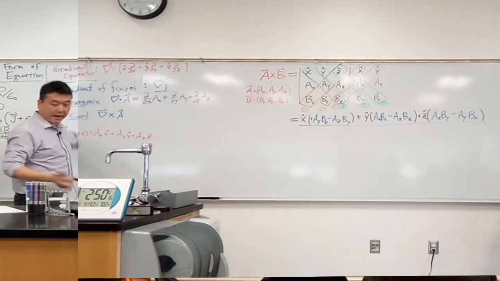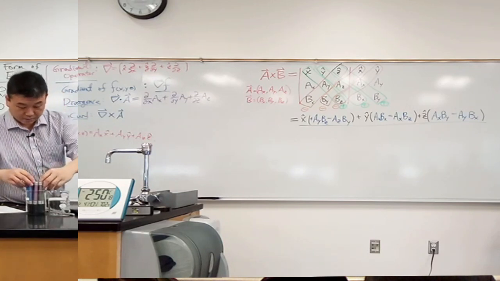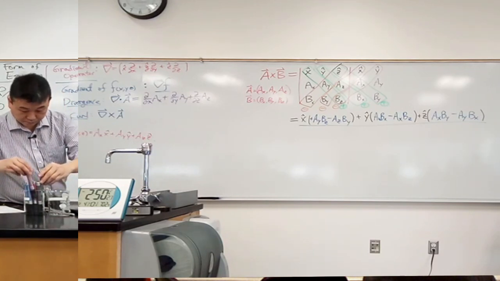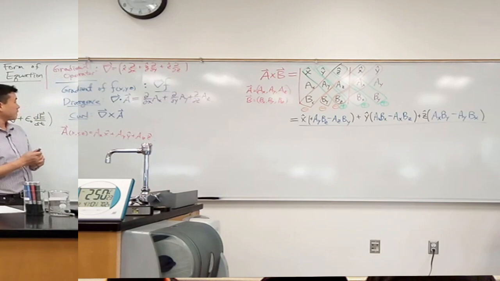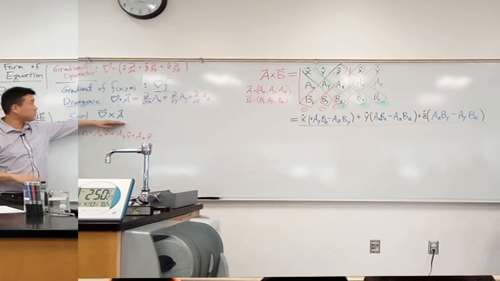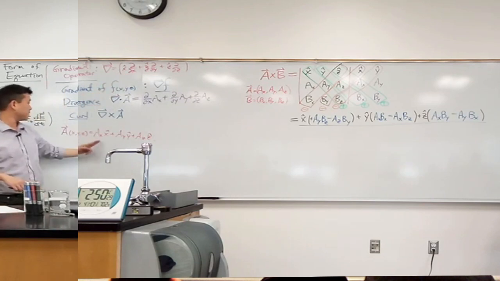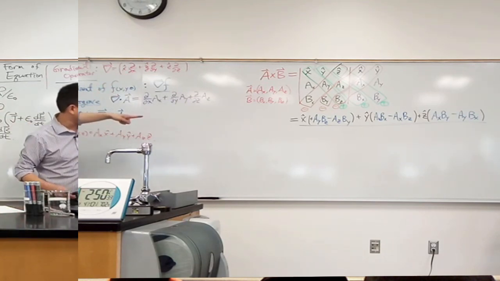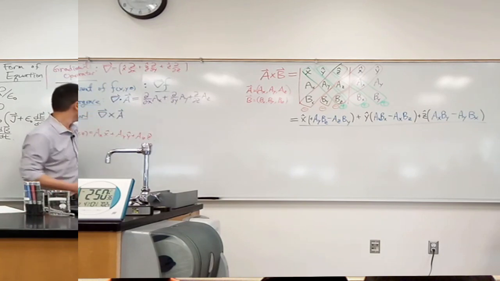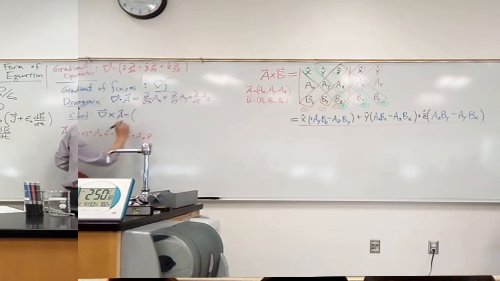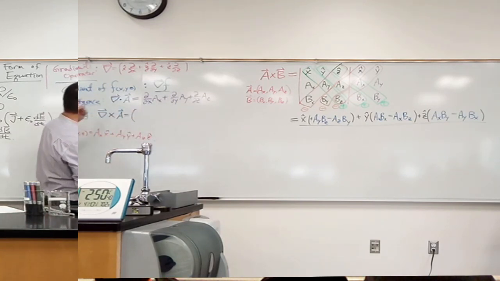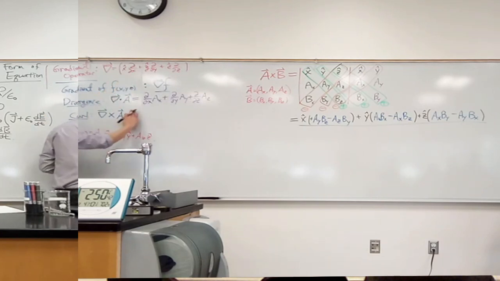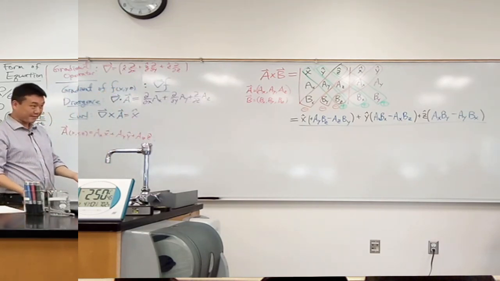So let me write this down, and we'll wrap up there. The curl is essentially the cross product of this vector and this vector. And as I write down, I'm going to refer to that thing that I just built up. I'm looking at the x component of the result of the curl first.